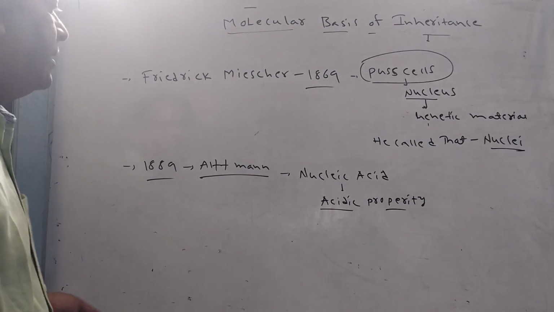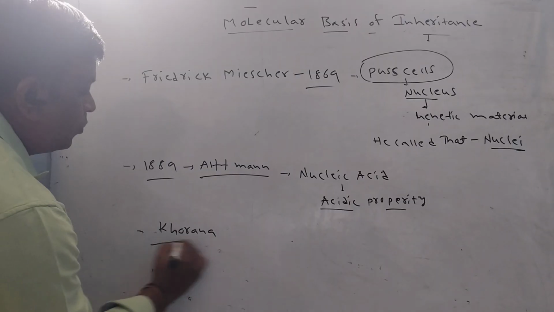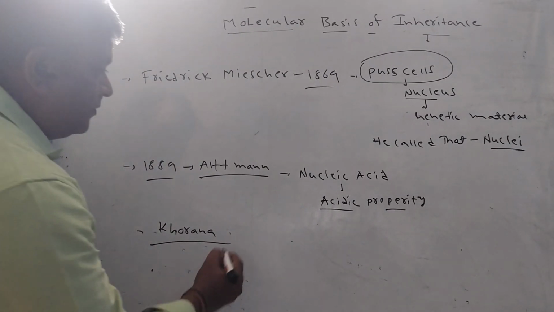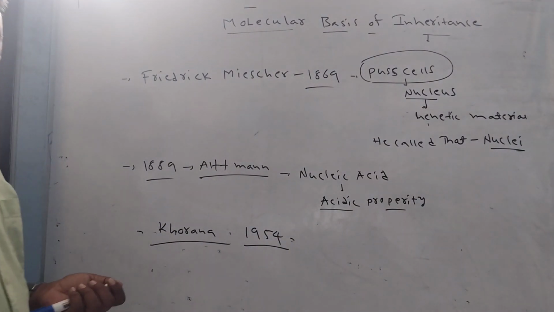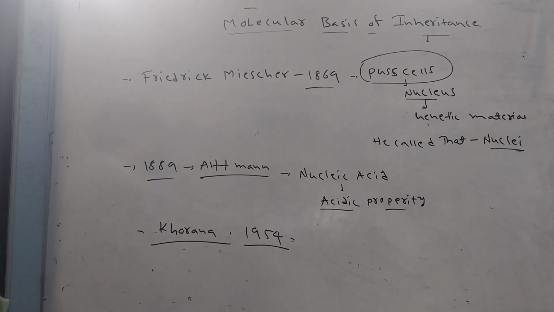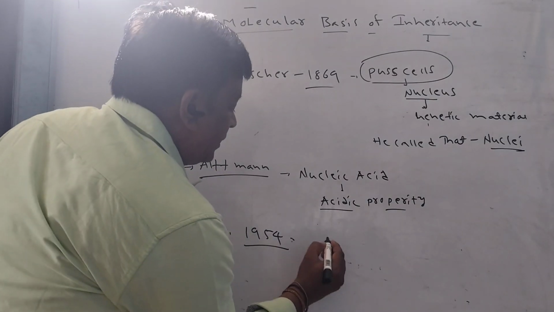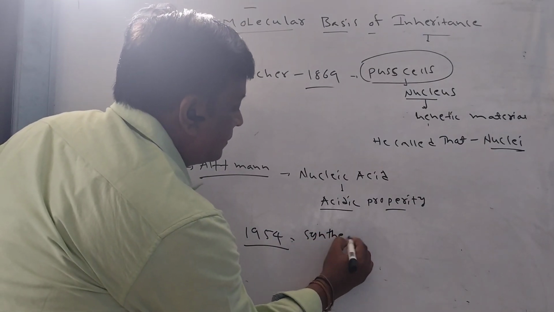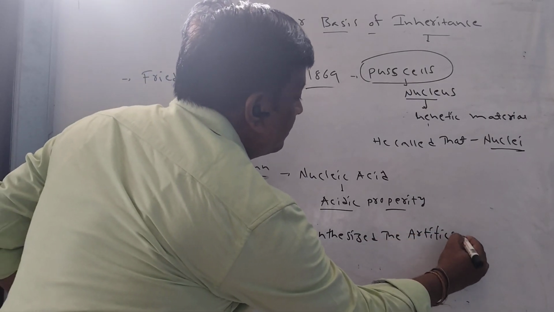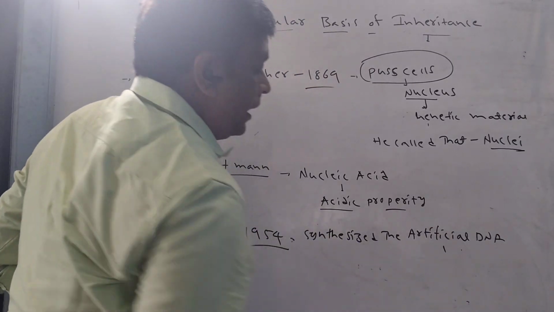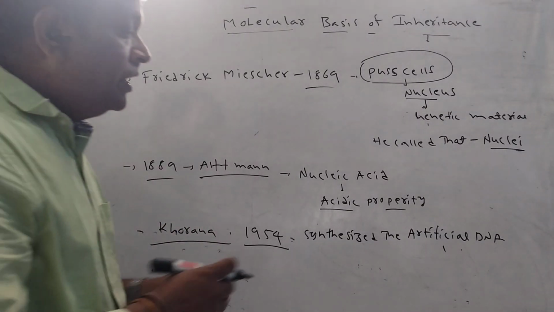And one more scientist there: Khorana, that is Hargobind Khorana. In 1954, in the early years, he synthesized artificial DNA in vitro, like in a test tube.